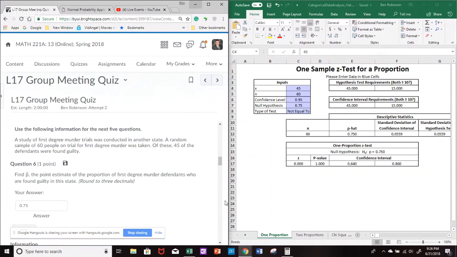Okay, our sample of 60 is our N. And yes, I agree. And our confidence interval will be the lower bound, 0.640.